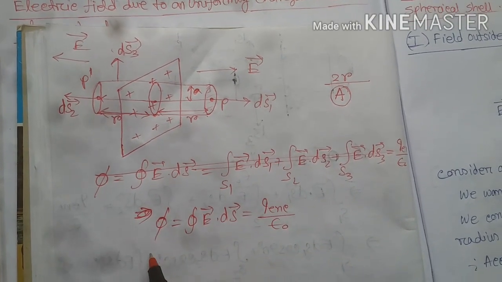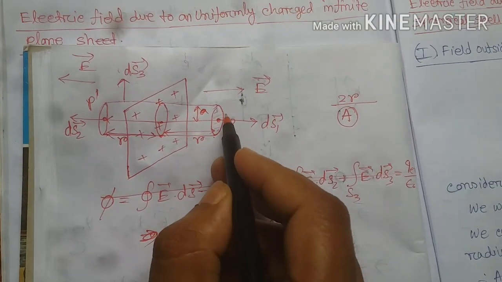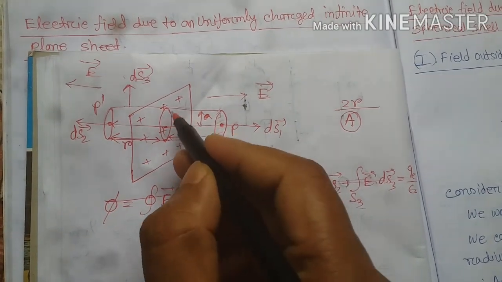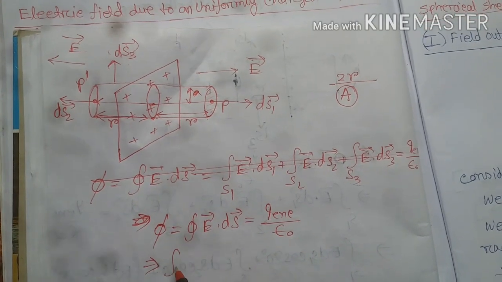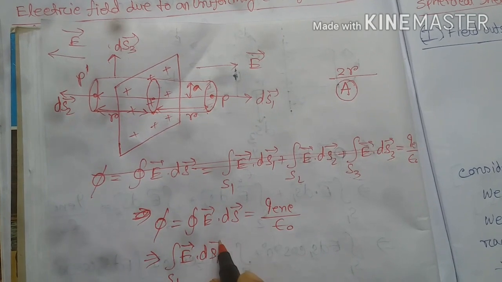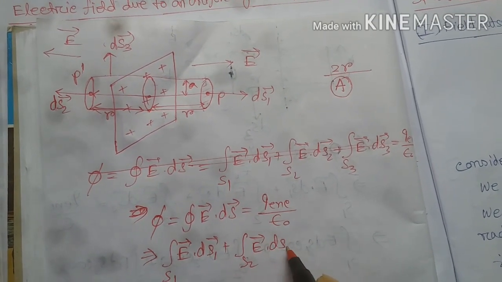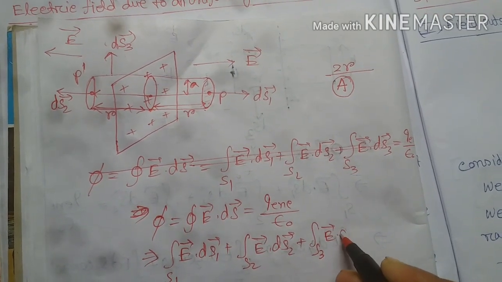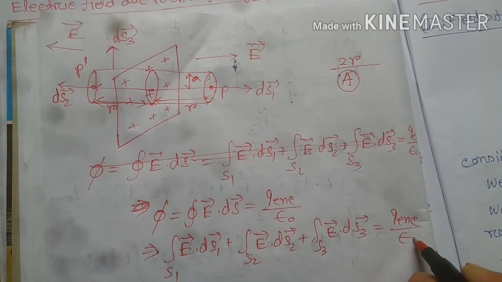Now here we are going to split this closed integral into these three surface integrals: this surface, this surface, and this curved surface of the cylinder. So surface S1 E dot ds1 plus surface S2 E dot ds2 plus surface S3 E dot ds3 equals q enclosed divided by epsilon naught.